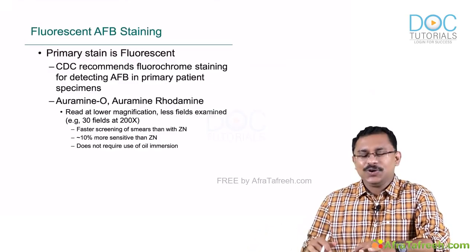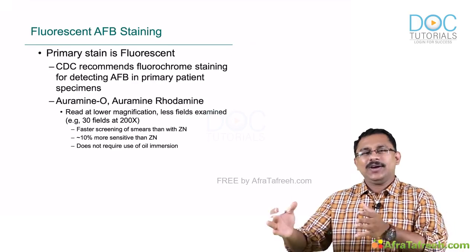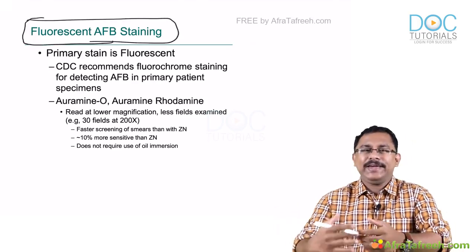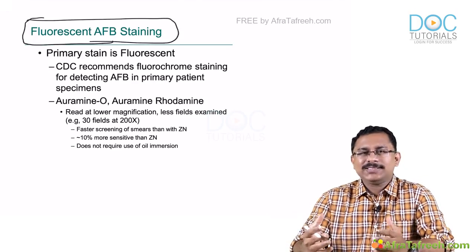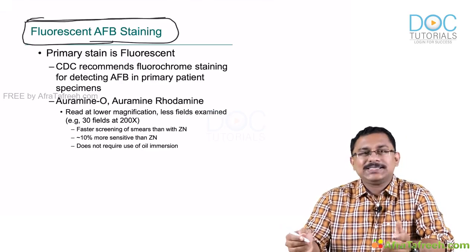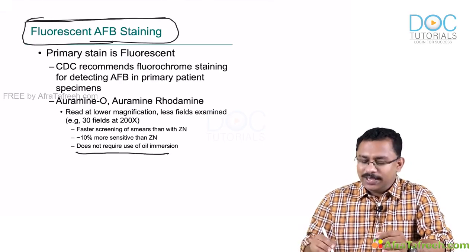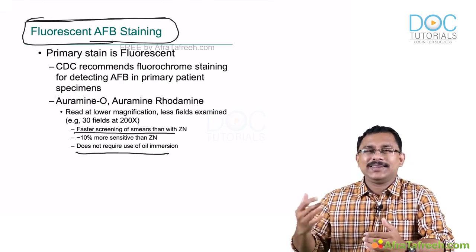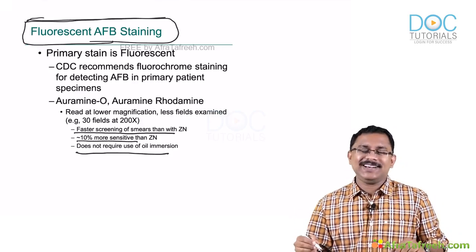Now in addition to your Ziehl-Neelsen oil immersion microscopy, you can also go for the fluorescent AFB staining. However, it is in a resource limited setting, you do not have much facilities, but you can also go for the fluorescent staining where you do not have to use an oil immersion microscopy, and the advantage is that rather than a Ziehl-Neelsen method, it allows for a faster screening and is a bit more sensitive as well.